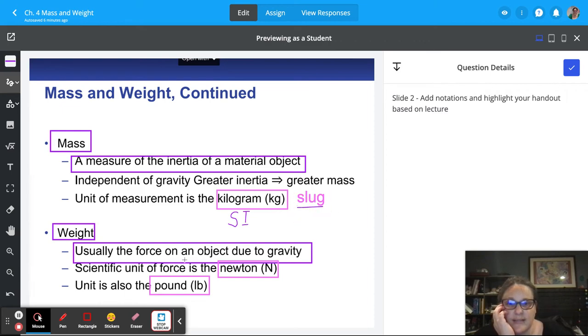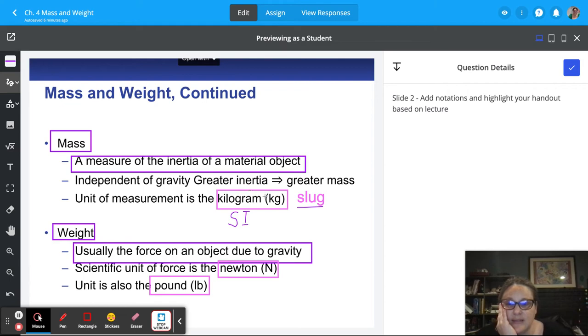The British unit is actually called the slug, which is a term that we really don't use. We use pound to refer to the weight of an object. And interchangeably, this is often used to describe the mass of an object as well. But technically, the mass of an object in British units is the slug. And that's a unit that we are actually using in the US.